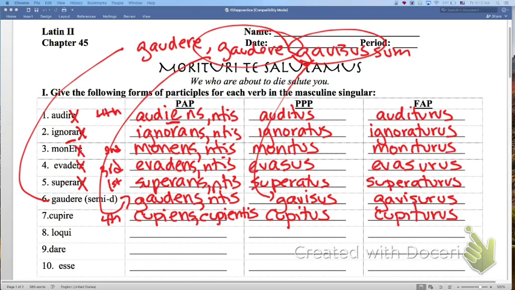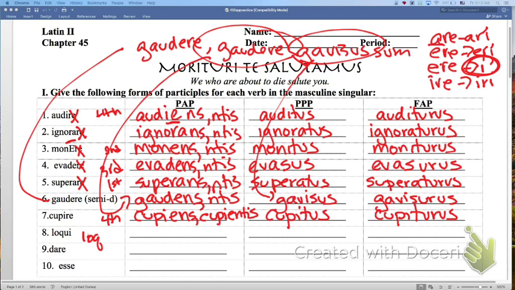No, it's not fourth. Third. It's third. Remember, if you think about it, ARE becomes ARI, right? ERE becomes ERI. Short ERE becomes I. Remember that? IRE becomes IRI. Remember that? Okay, so loqui is this one right here. So if I'm going to make it the fake infinitive, it's going to look like this.